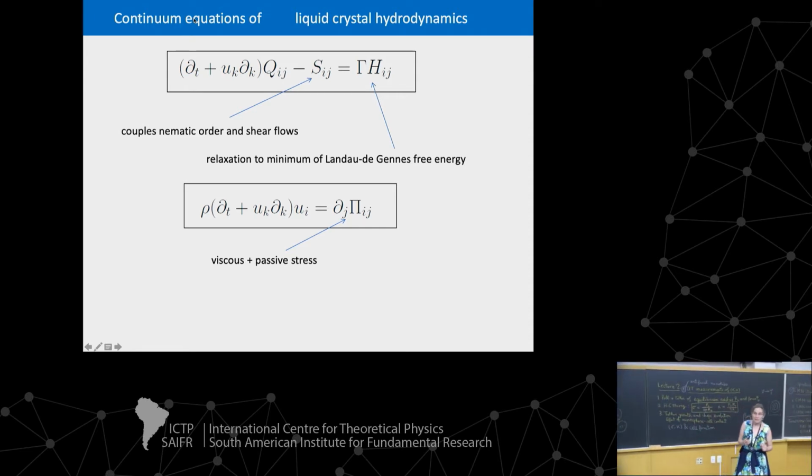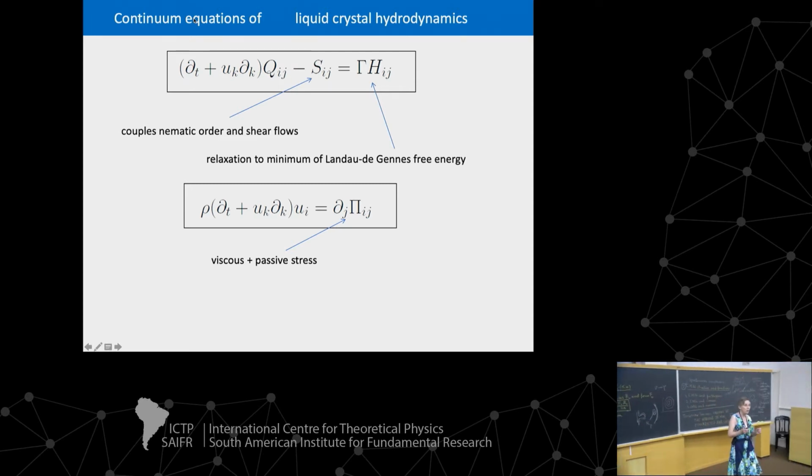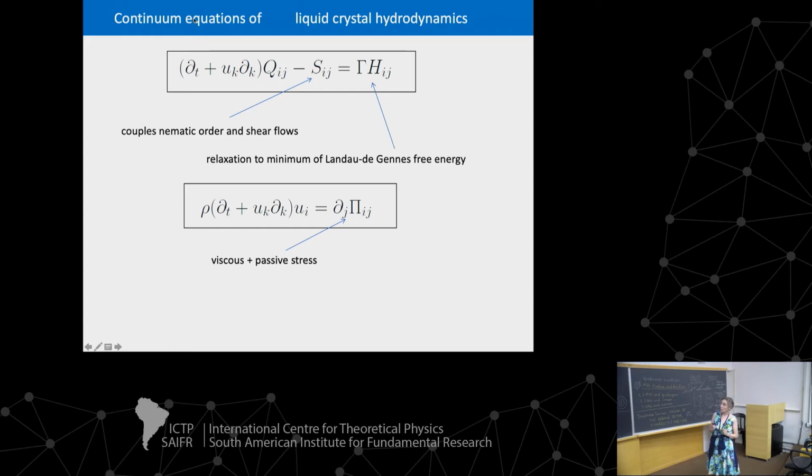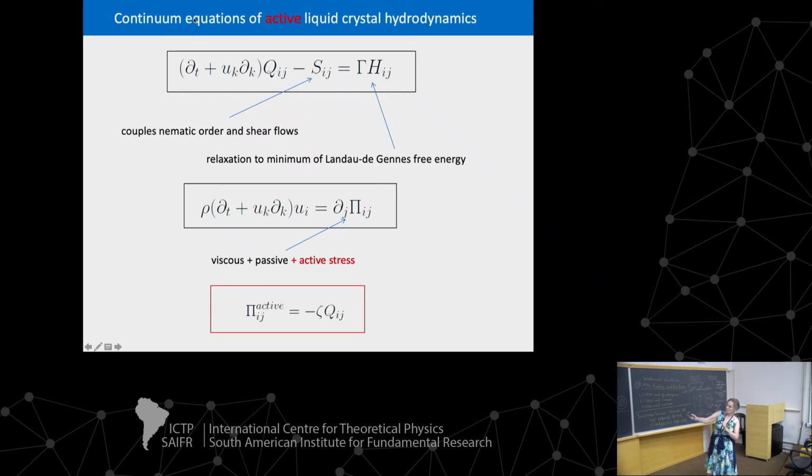I'm going to argue on grounds of symmetry. Actually doing it mathematically is pretty tricky and approximate, but it turns out that all you have to do is add this extra term, this active stress. The active stress, which takes account of the flow fields produced by the swimmers, is equal to zeta.